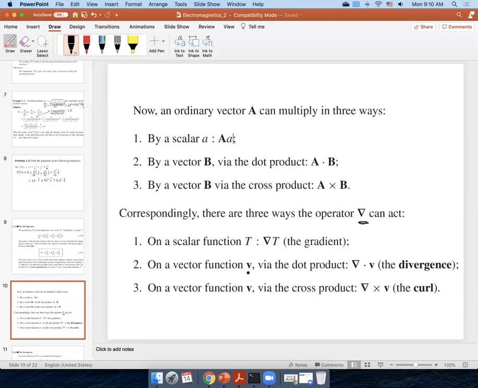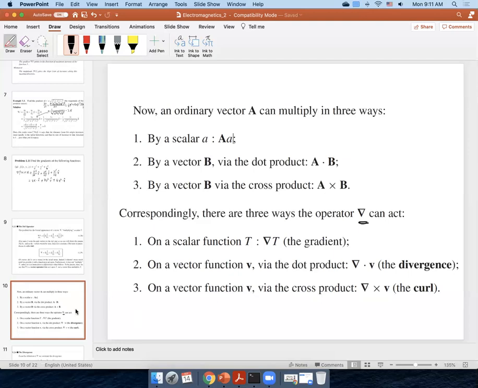So for such a vector function, we can do a dot product and a cross product. This is a dot product, del dot V. And here is the cross product, del cross V. We call del dot V the divergence, and del cross V the curl.